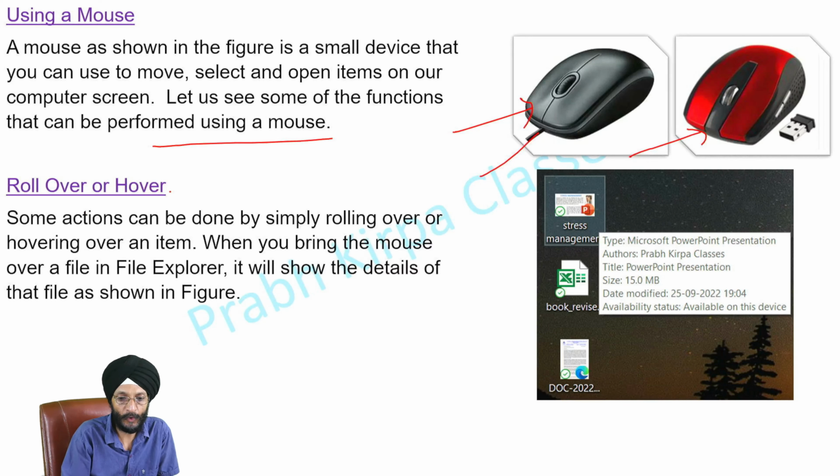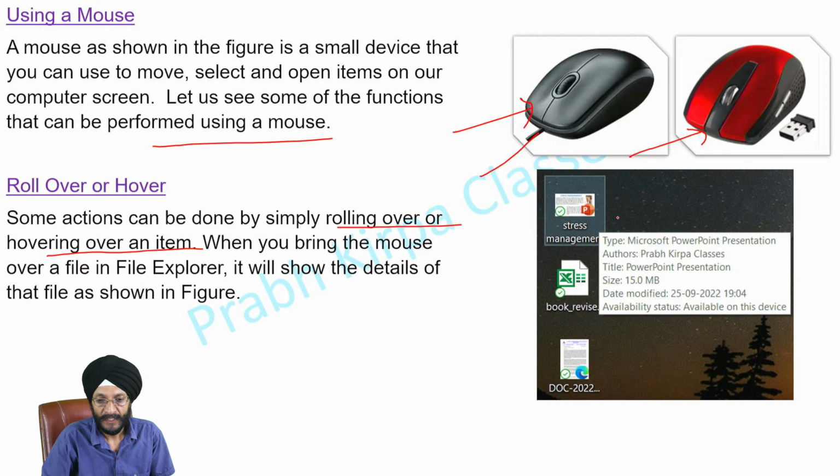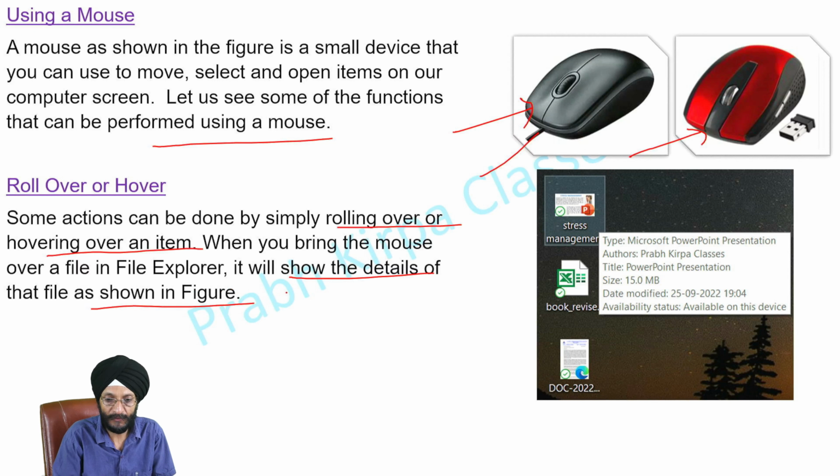First is rollover or hover. Some actions can be done by simply rolling over or hovering over an item. Suppose there are many items appearing on the desktop, your monitor. If you simply move the cursor over one by using the mouse, it will show the details of the file.